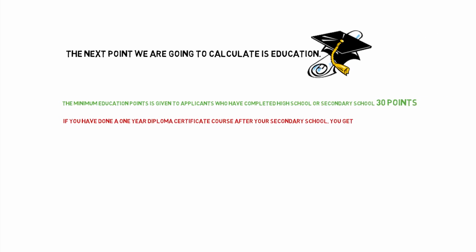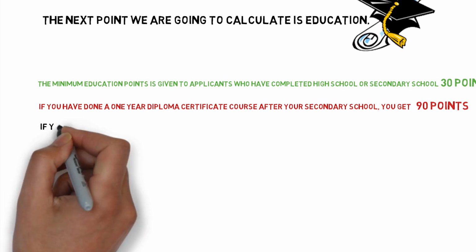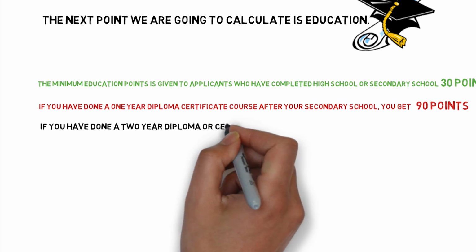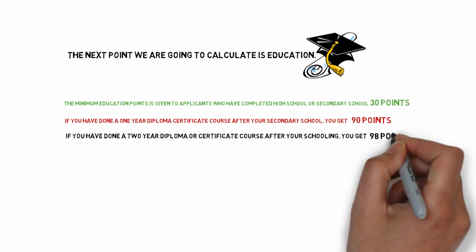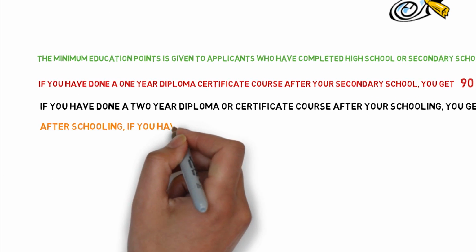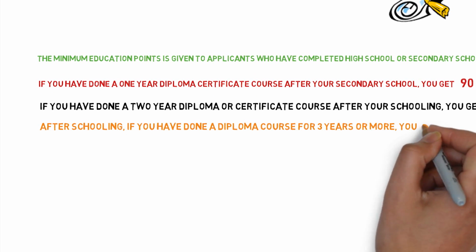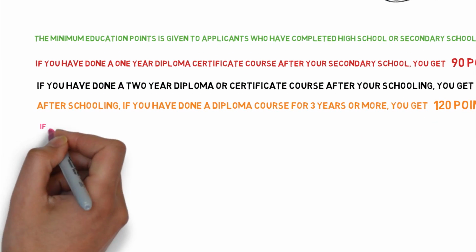If you have done a 2-year diploma or certificate course after your secondary schooling, then you get 98 points. After schooling, if you have done a diploma course for 3 years or more, then you get 120 points.